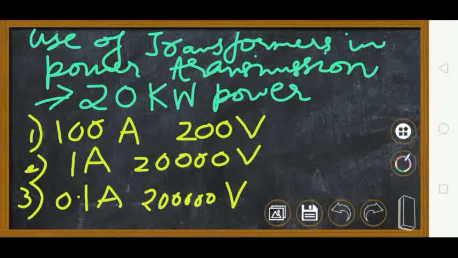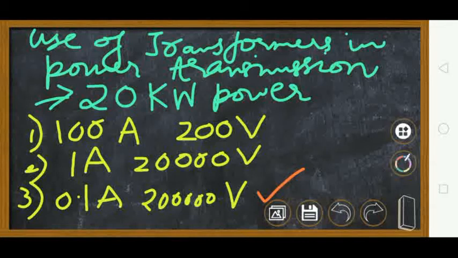Least current किस में जा रहा है? Third one, that is 0.1 ampere. Okay. Now when I'm sending 0.1 ampere current, then my requirement of wire is going to be a thin wire. So my cost reduces. Heating will be less. So loss of energy due to heat, that is also less. So the best way to transmit over here is the third option.